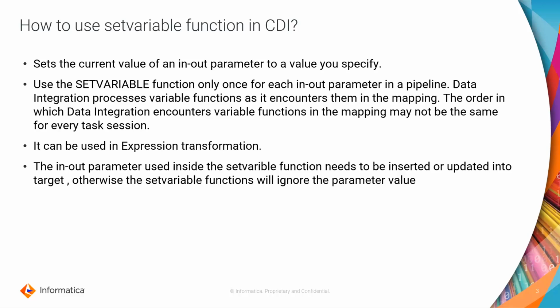If you don't do it, then the value that is going to be captured by Setvariable is going to be empty. I will show you in the demo what I mean by this, and it will be easy to explain when we look into the mapping, but you have to keep in mind that you need to insert or update the value from the parameter into a target.